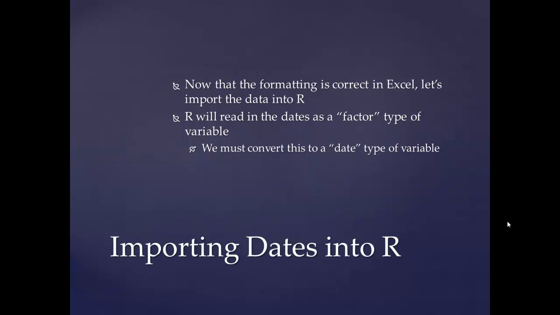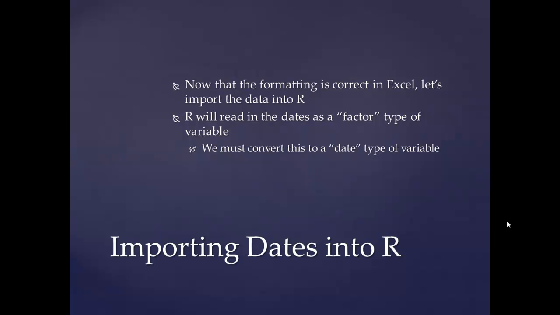Okay, so when R reads in the data from Excel, it guesses at what type of data it is. So if it's all just numbers or if it's all integers, it will treat it as an integer type. Or if it's all text, it'll treat it as a character or a string type.